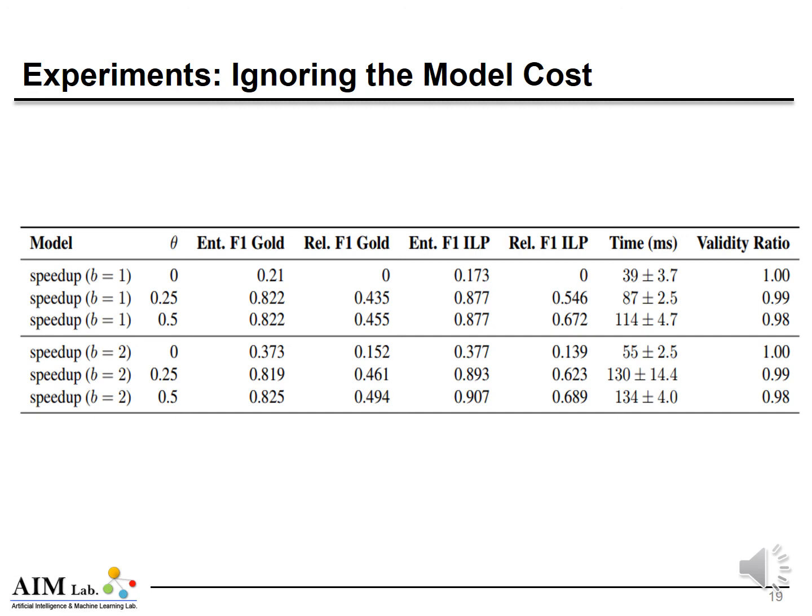Even though it has a perfect validity ratio, the result is rather poor when evaluated on F1 score. When theta increases, the entity and relation F1 scores quickly jump up, essentially getting back the same accuracy as the original model, but the prediction time is lower compared to previous results.